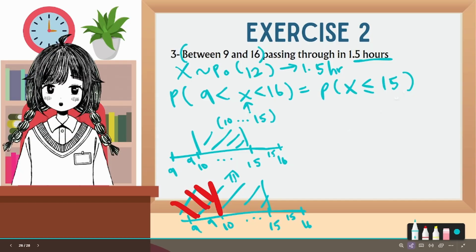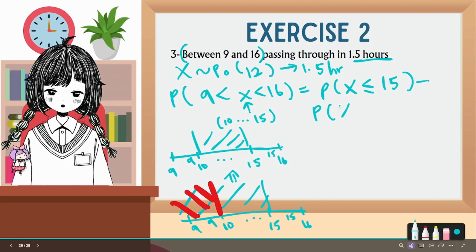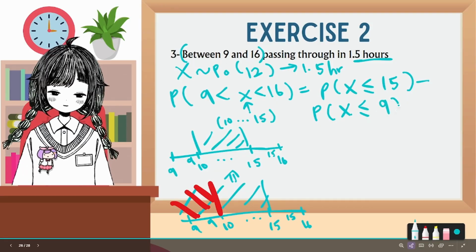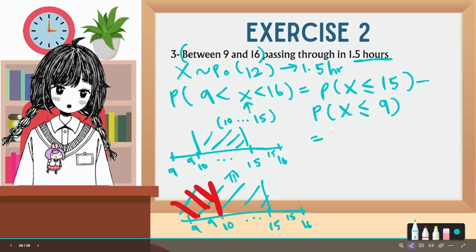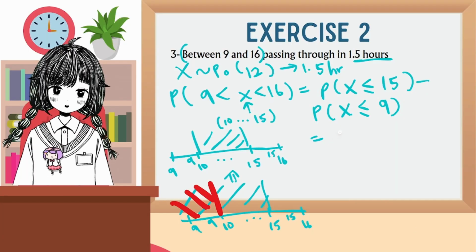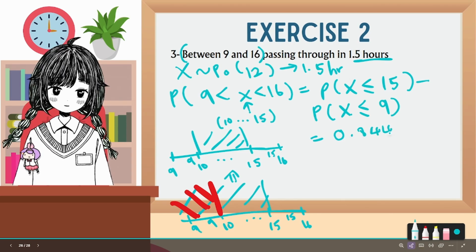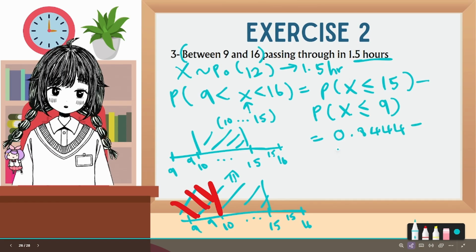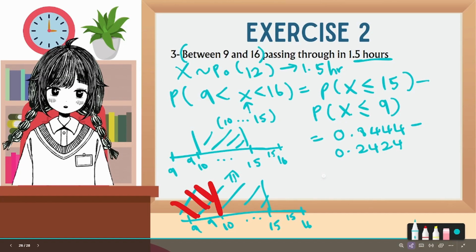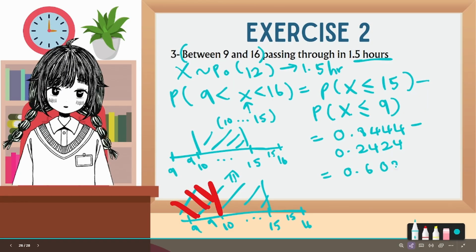That means it will become minus P(X ≤ 9). Now we can solve the equation. Using this stat table, it will become 0.8444 minus 0.2424. So the final answer will be 0.602.